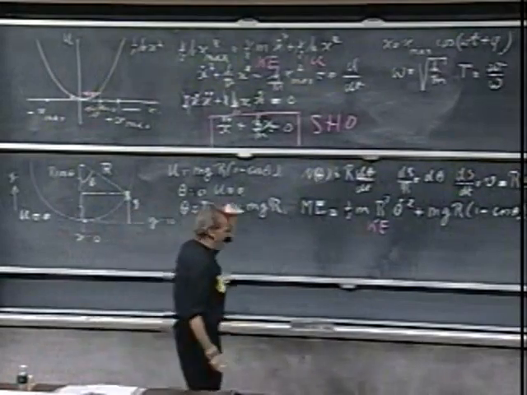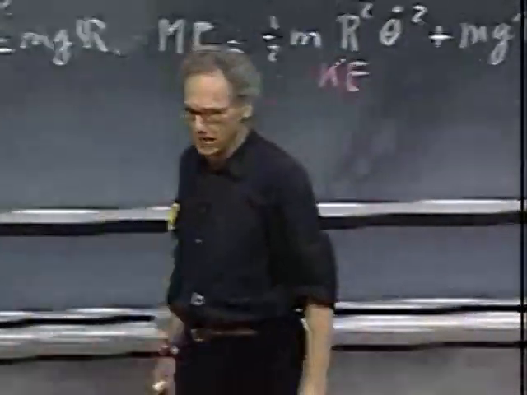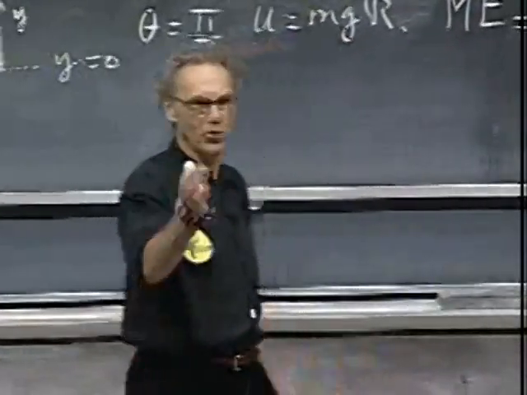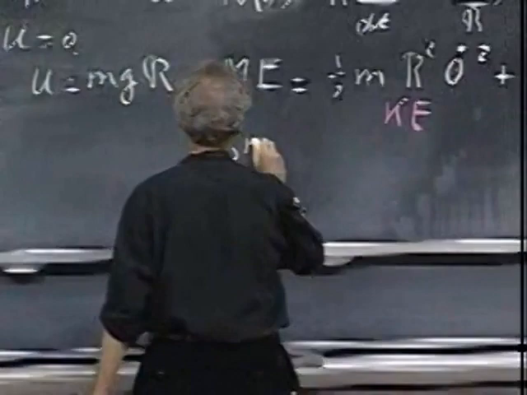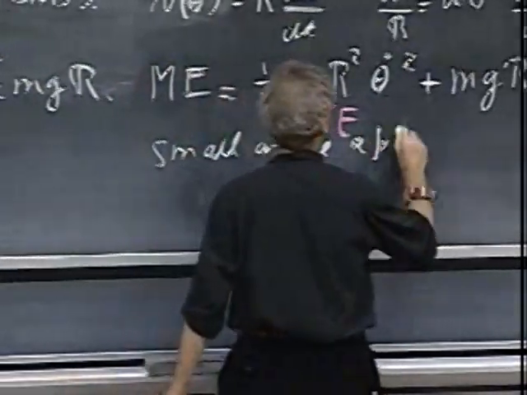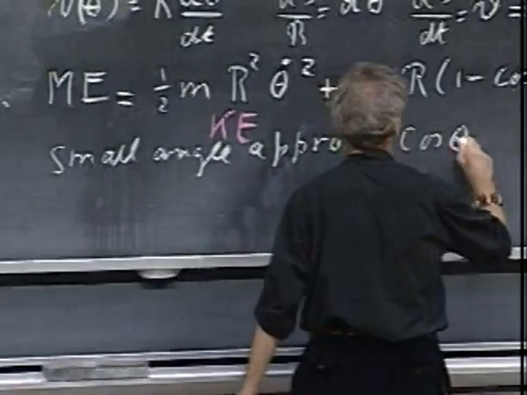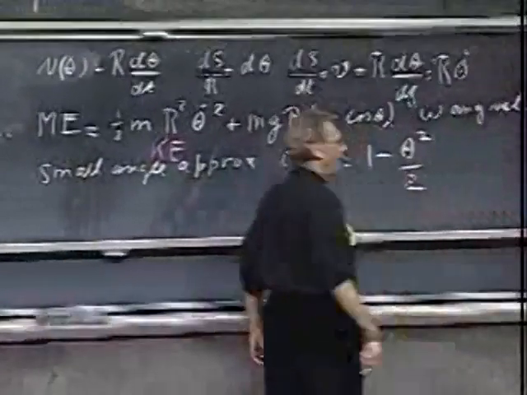This cosine theta is really a pain in the neck. And therefore, what we're going to do is something we have seen before. We're going to make a small angle approximation. We're going to write for cosine theta, 1 minus theta squared divided by 2.